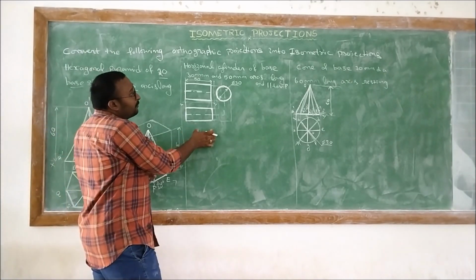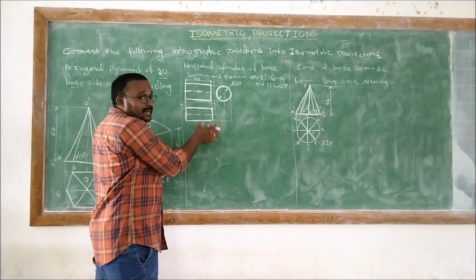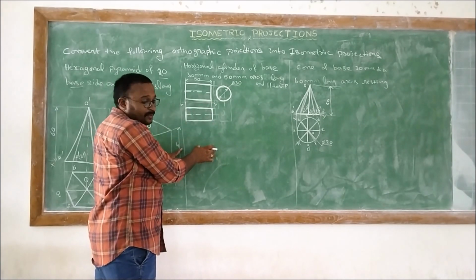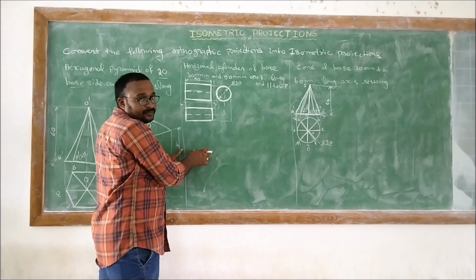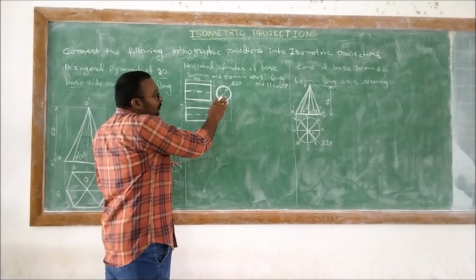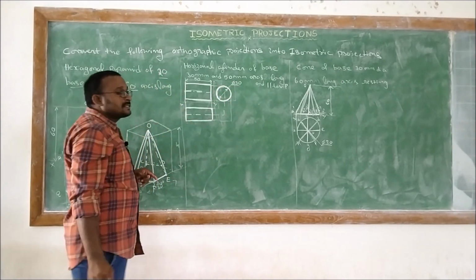Here in the case of a horizontal cylinder, the axis is parallel to the VP and also parallel to the HP. In this scenario only, we will get the circle in the side view.